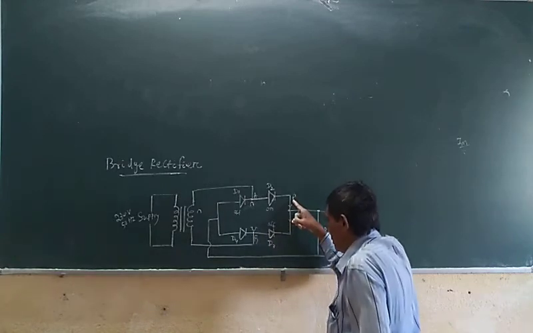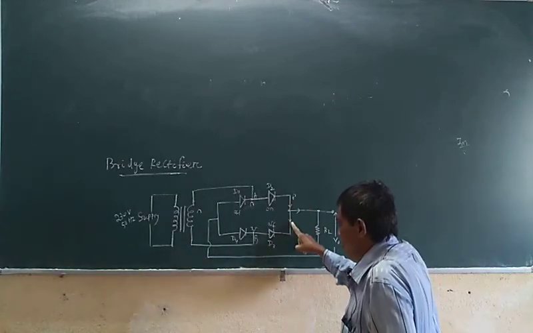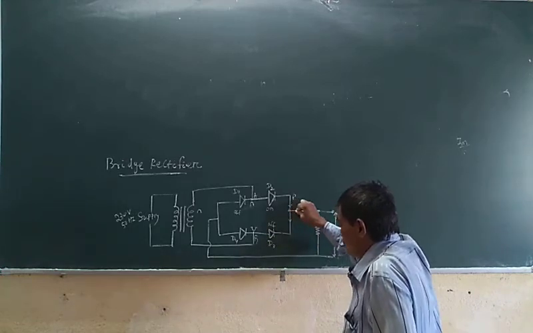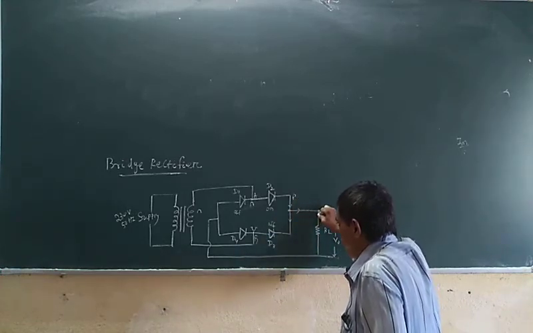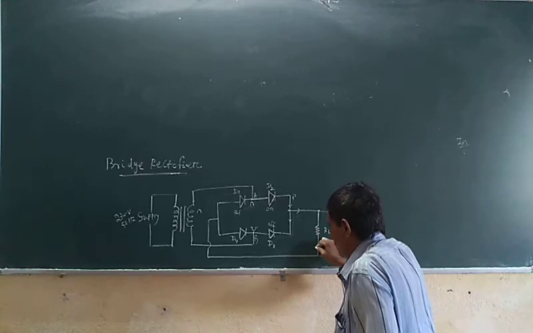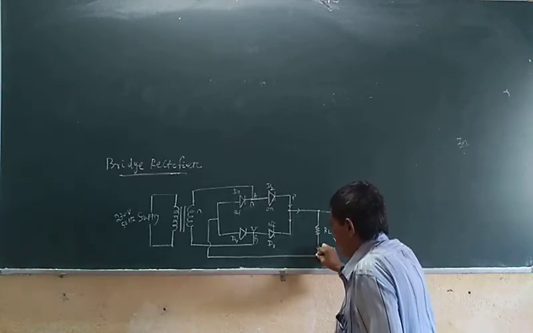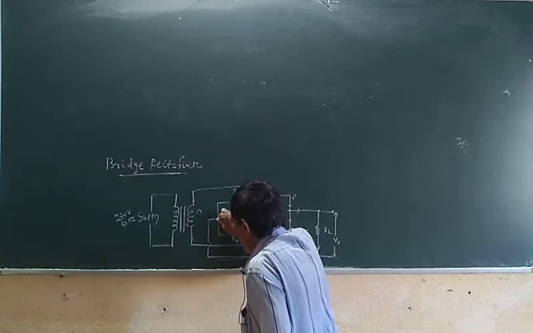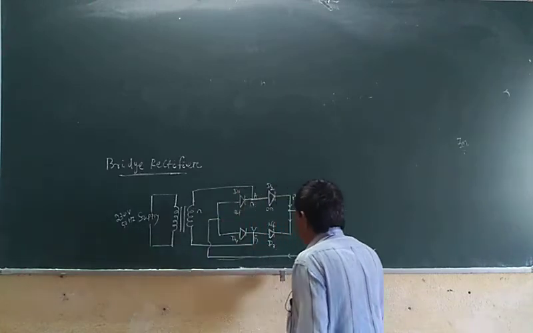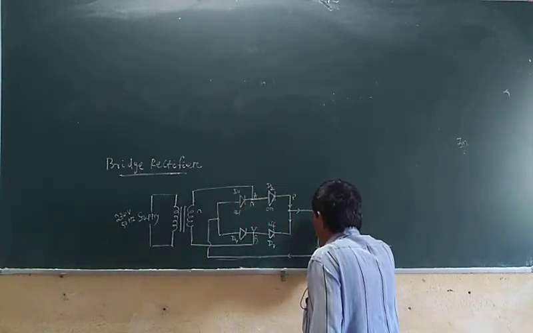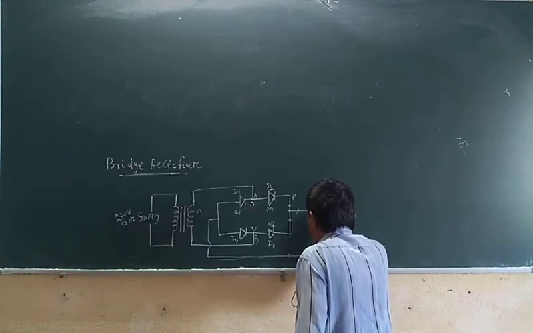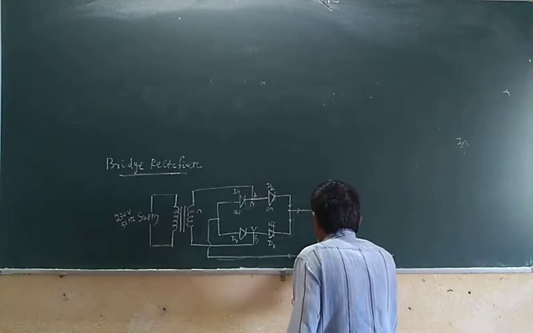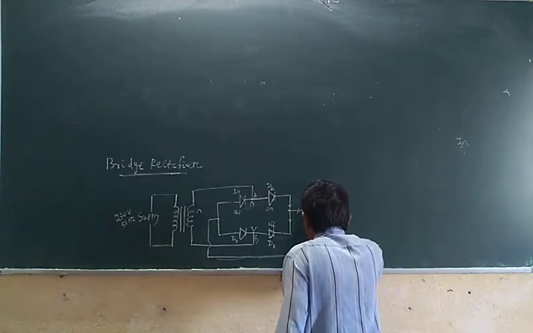So current cannot pass in this path, but this current will pass through the load resistor, and the direction of the current will be in this direction. So the current passes in the direction from P to Q.